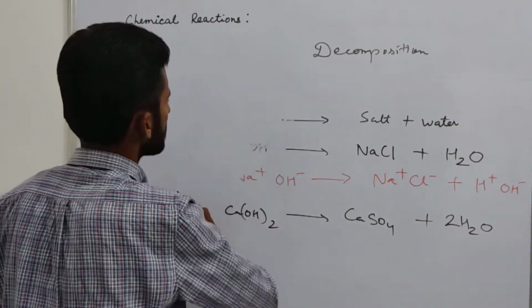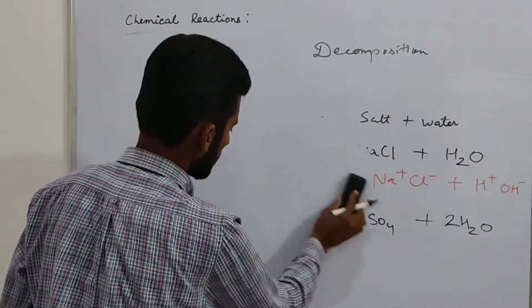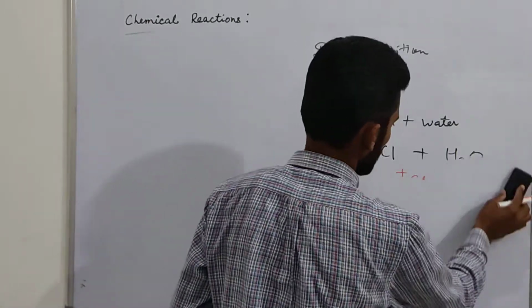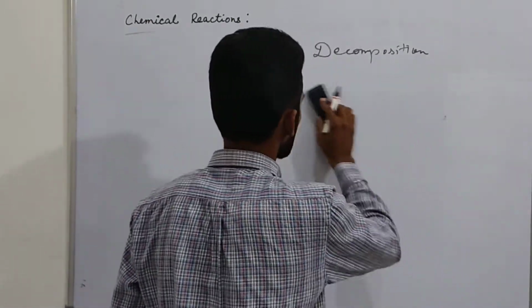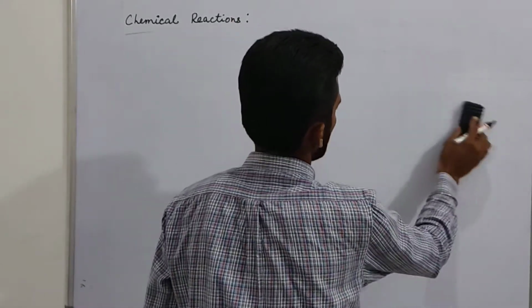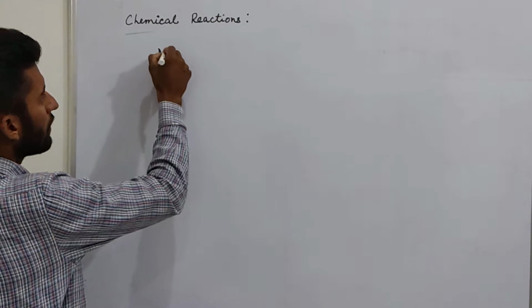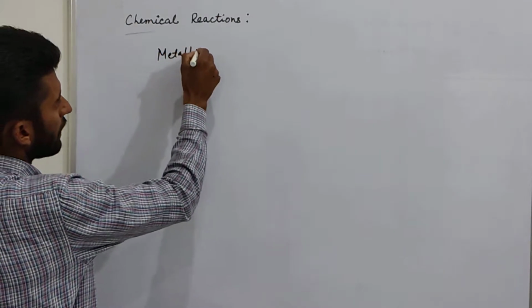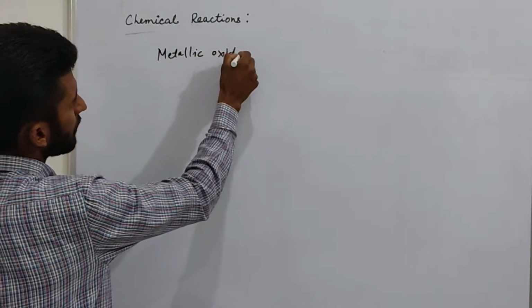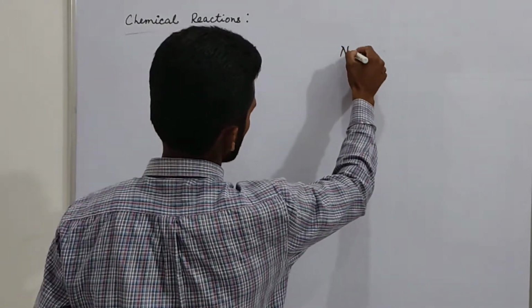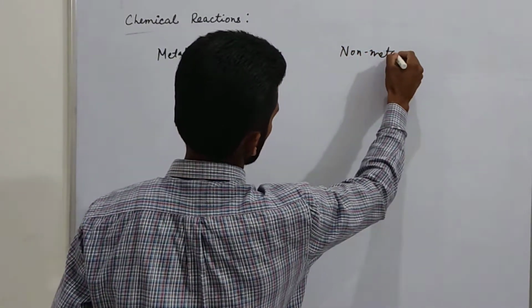Okay, the next one is oxides. That topic is also very important. Oxides are the compounds of oxygen. They could be metallic oxides as well as non-metallic oxides.